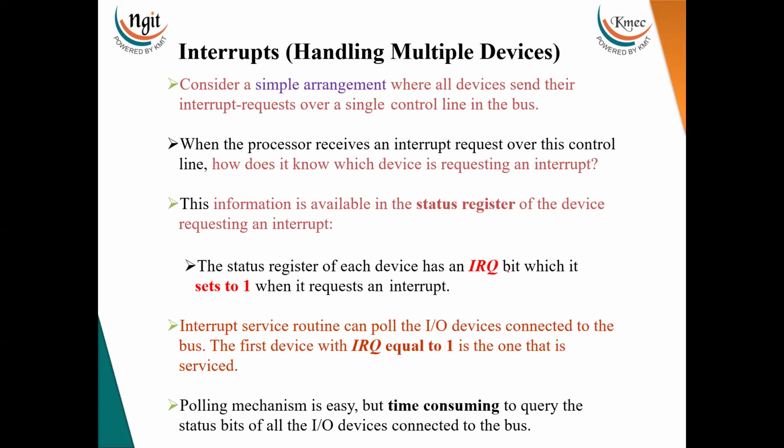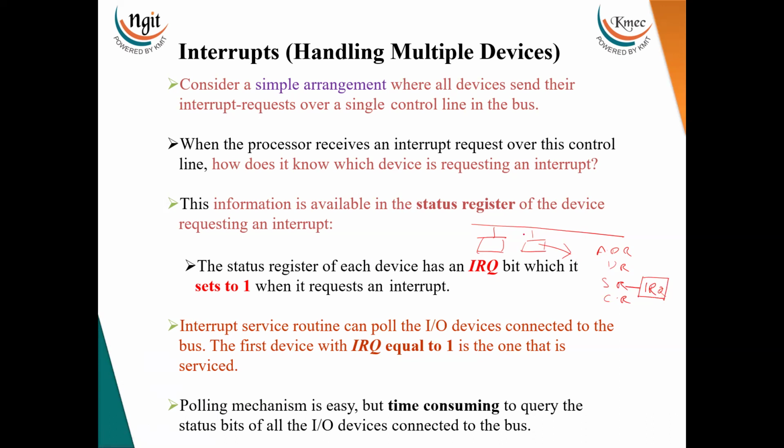Already you know that all the devices are connected to the microprocessor through the interface that we discussed in the last class. This interface circuit has the address decode register, data register, status register, and control register. In the status register, one of the bits is IRQ, the interrupt request bit.